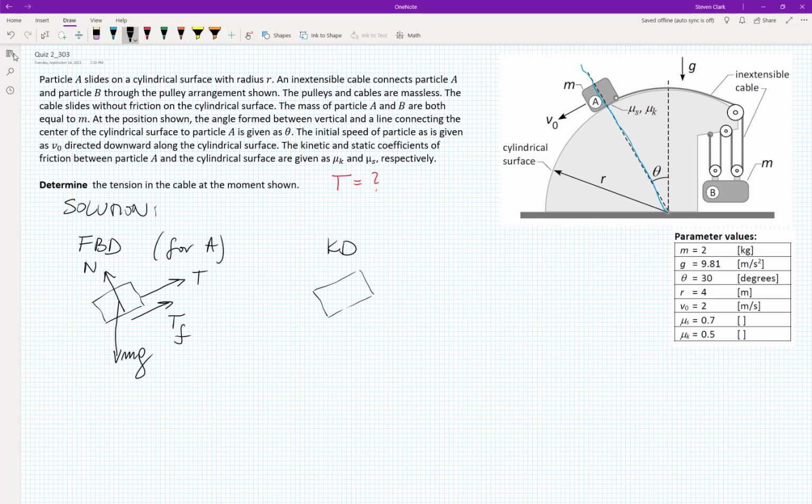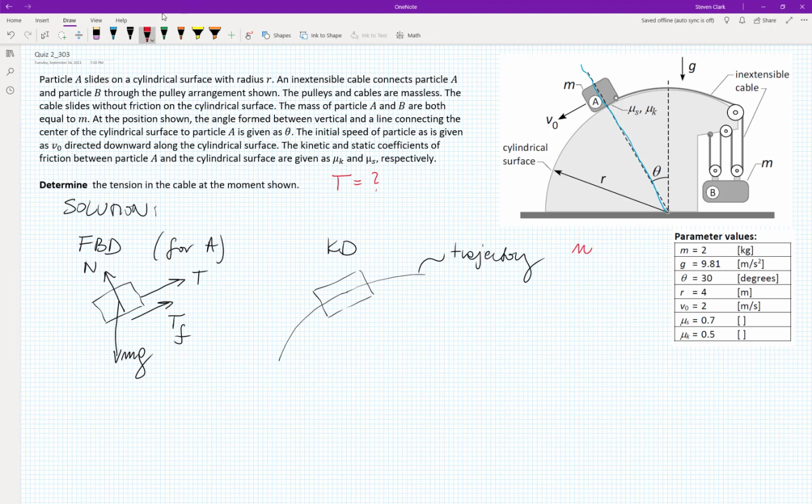How about KD? What is the trajectory? Is it a straight line? No, it's a circle. So this is our trajectory. So we must go for one of the curvilinear coordinate systems we were talking about this semester, either NT or polar. I want to go for the NT coordinate system.